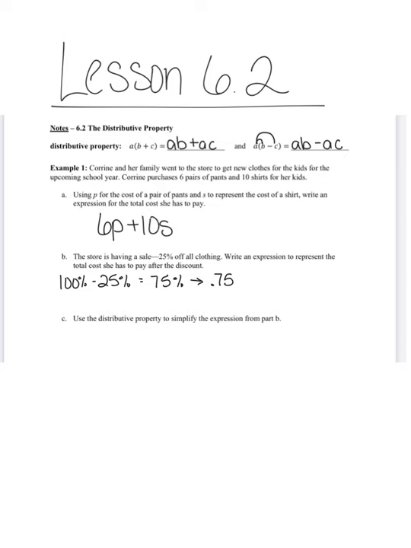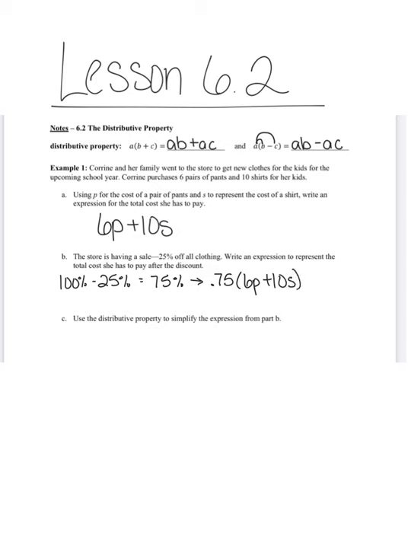So our expression here is then going to be, we're going to take 75%, 0.75, times the expression for how we would find the total, because we're really only going to pay 75% of the total because of that discount.